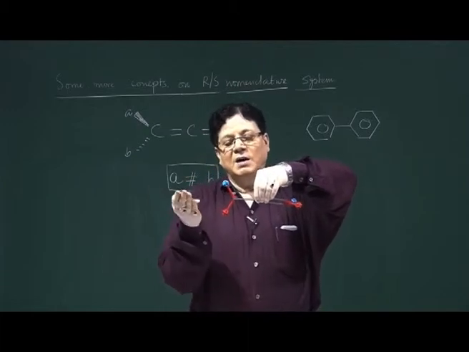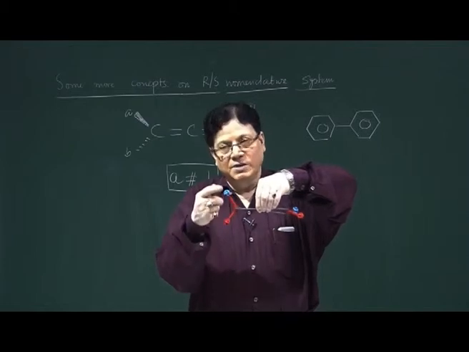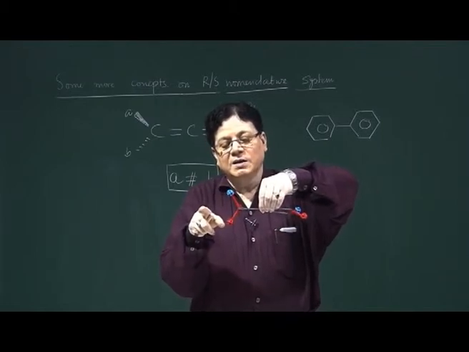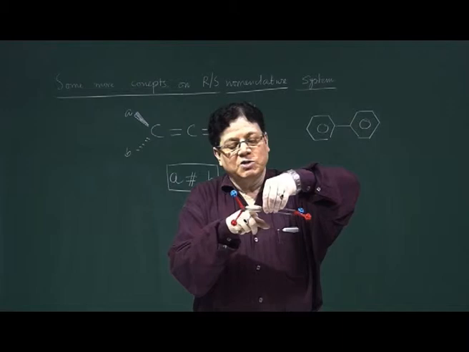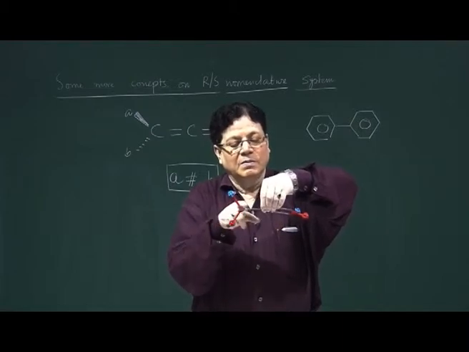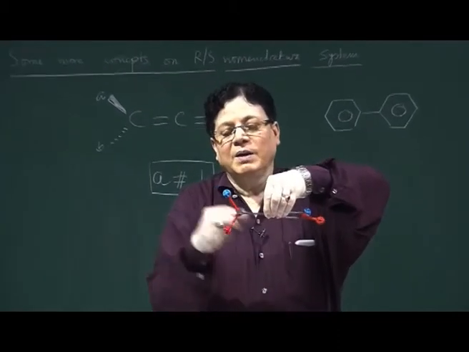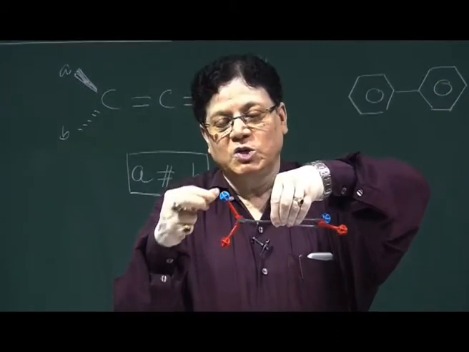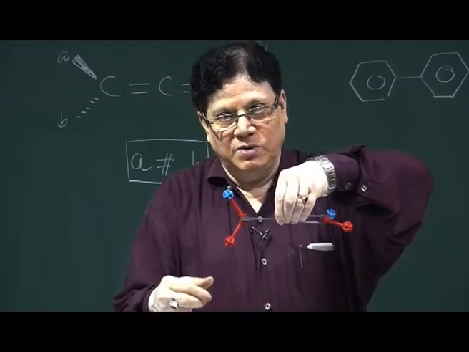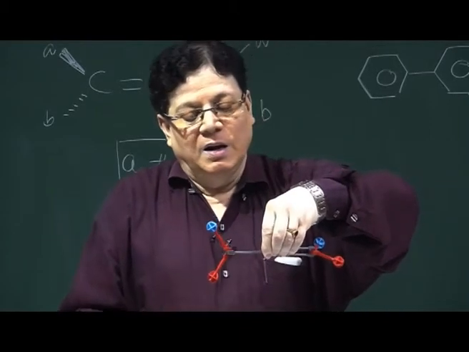And if they become equal, identical, then there exists a plane of symmetry going through this carbon-carbon axis and containing these 2 bonds. Okay. So, the moment one side has 2 identical groups, a plane of symmetry immediately comes and destroys the chirality.